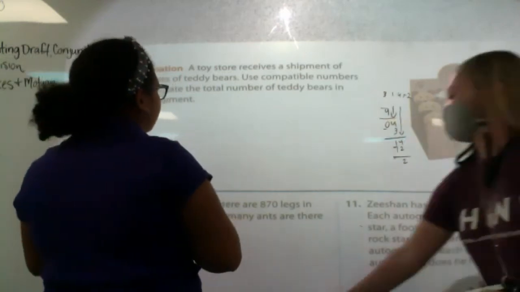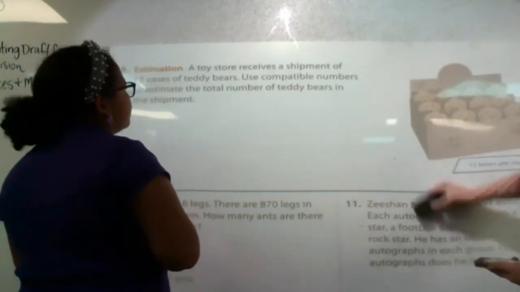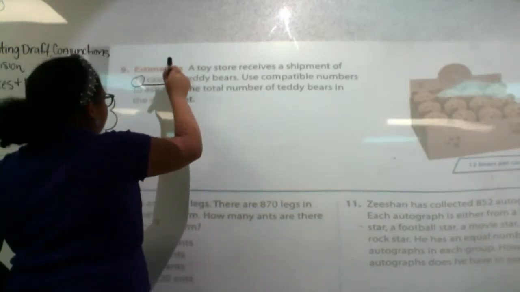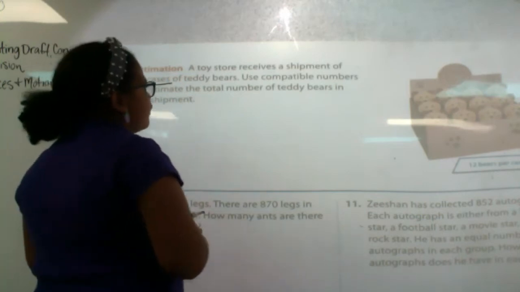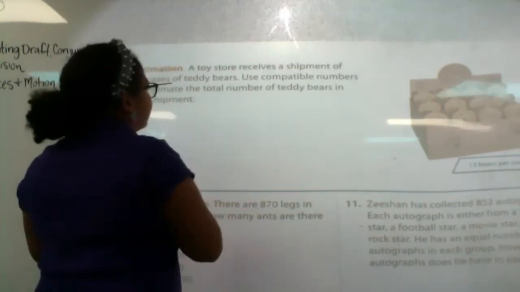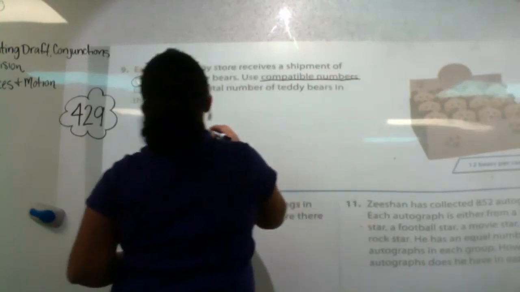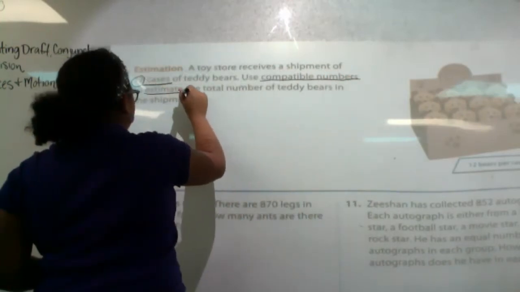Estimation. A toy store receives a shipment of 17 cases of teddy bears. Use compatible numbers to estimate the total number of teddy bears in the shipment.